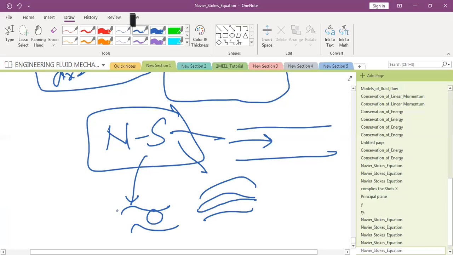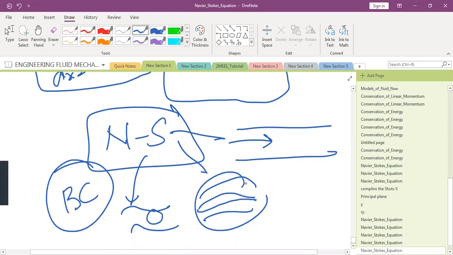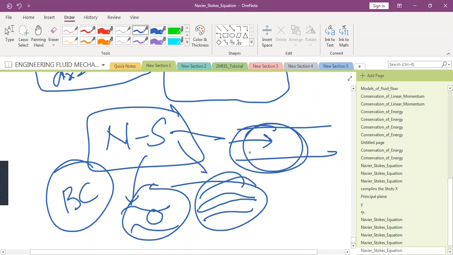You get a different velocity field in all the cases. The boundary condition, sir. Only the boundary condition is making the change in the field. So what does that mean? External flows like this or internal flows like this are just providing what? Boundary conditions to the Navier-Stokes equation. It is as simple as that.